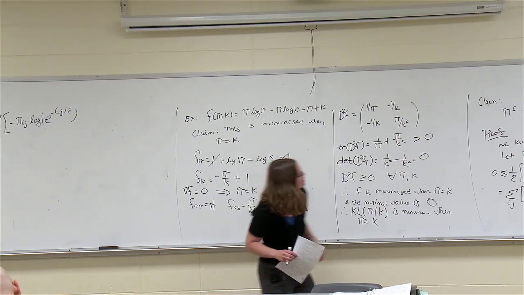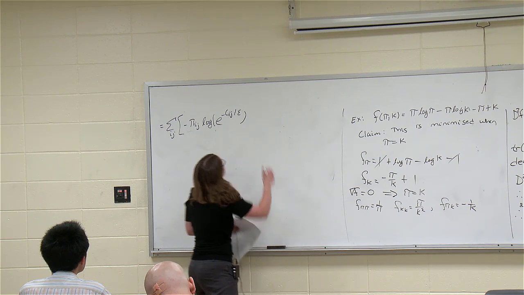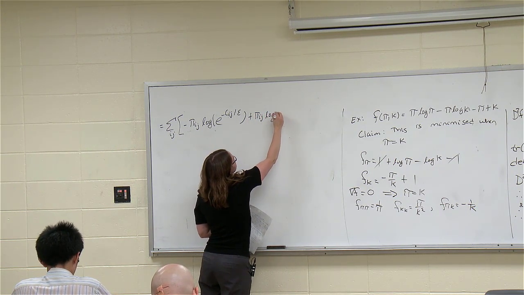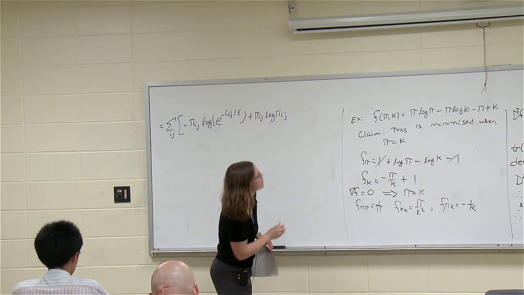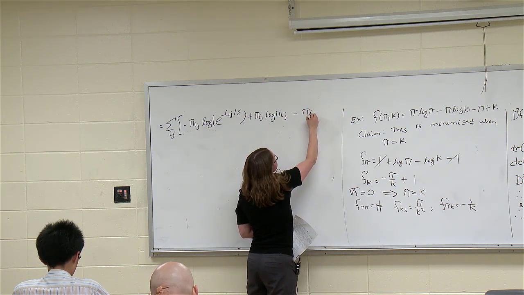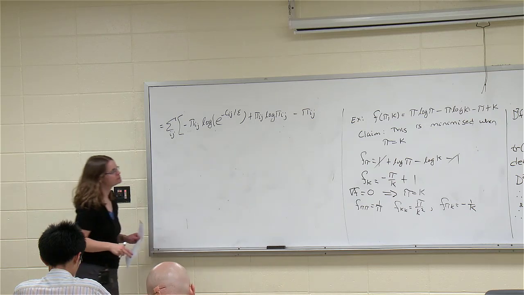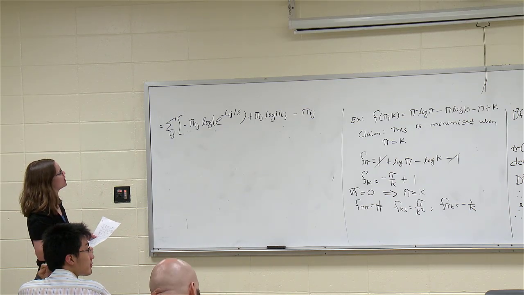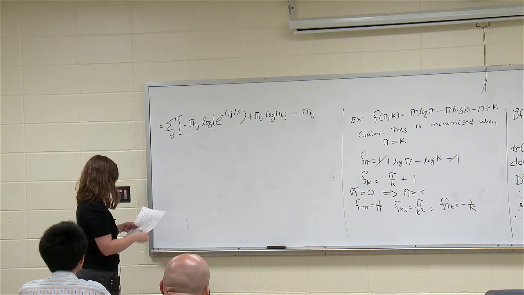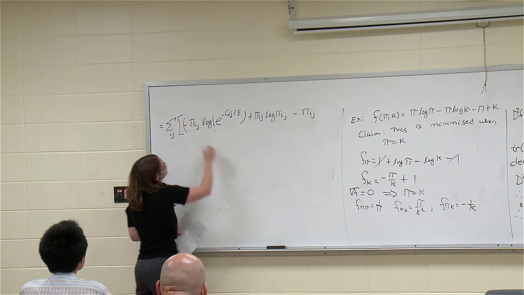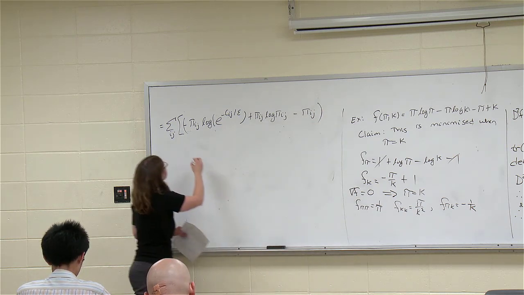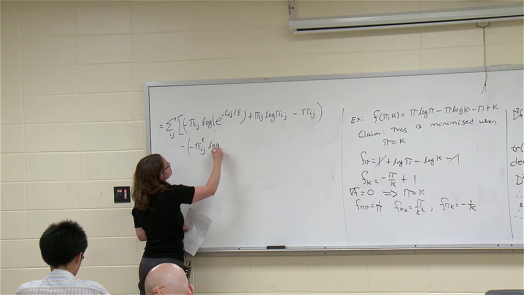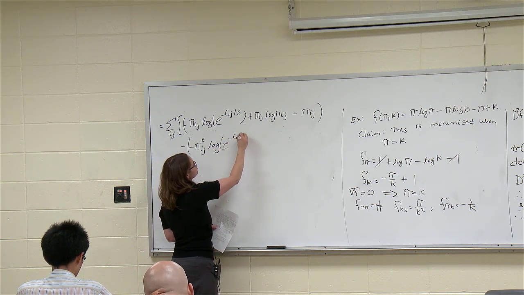Okay, so I have that minus pi. I have plus pi log pi minus pi ij. Okay, and then I do everything again for pi epsilon. I had all of this, minus same deal with pi epsilons.